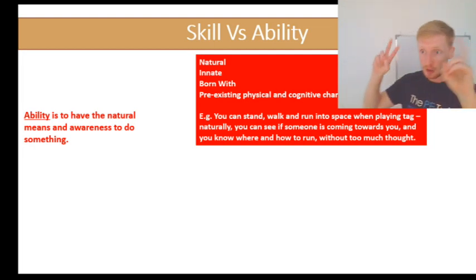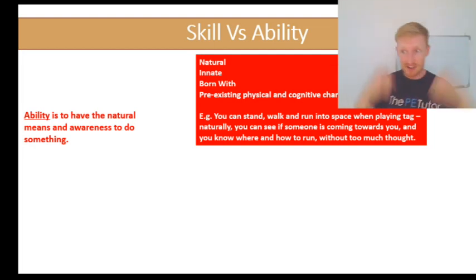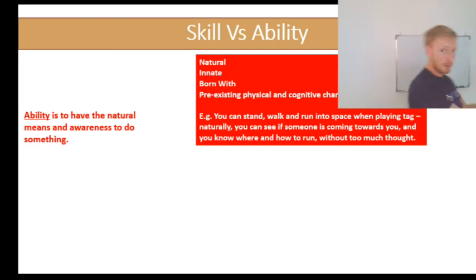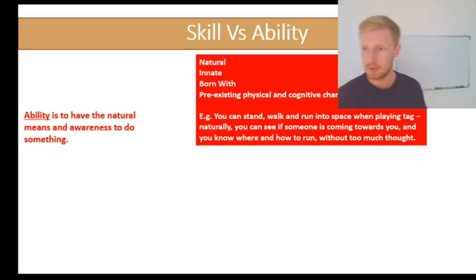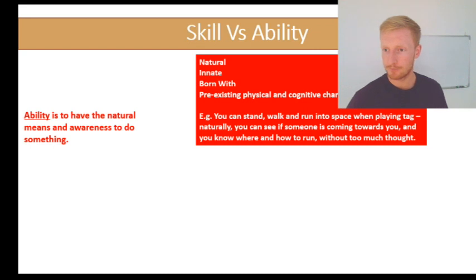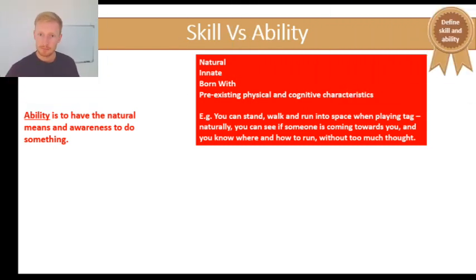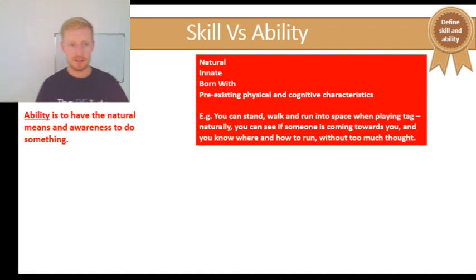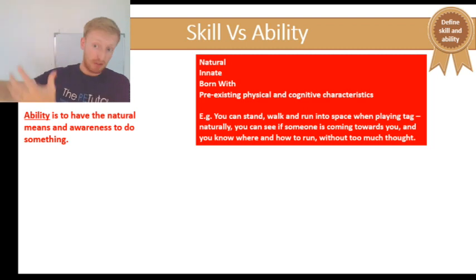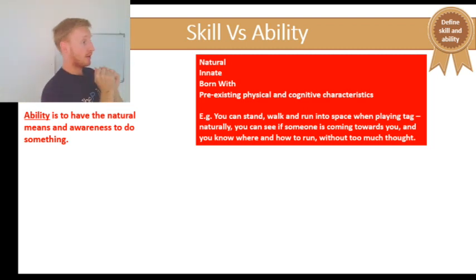If someone is on and they're running towards you, you instinctively know to run away from them or into a space. So you have this innate ability to recognise danger, threat, to recognise safe space, and then to be able to move yourself into it.